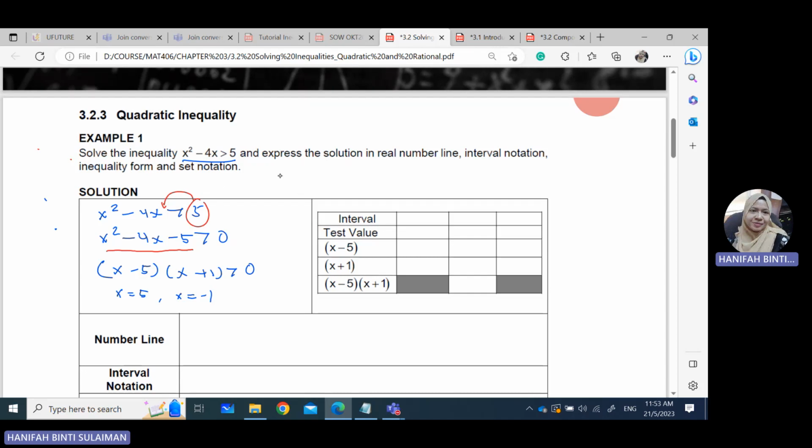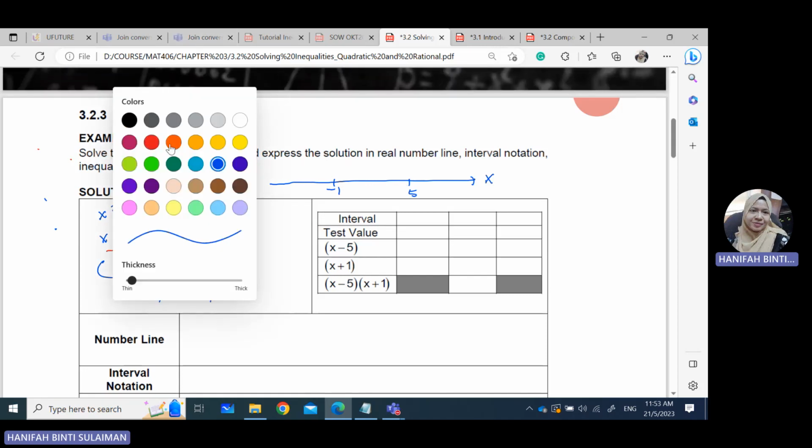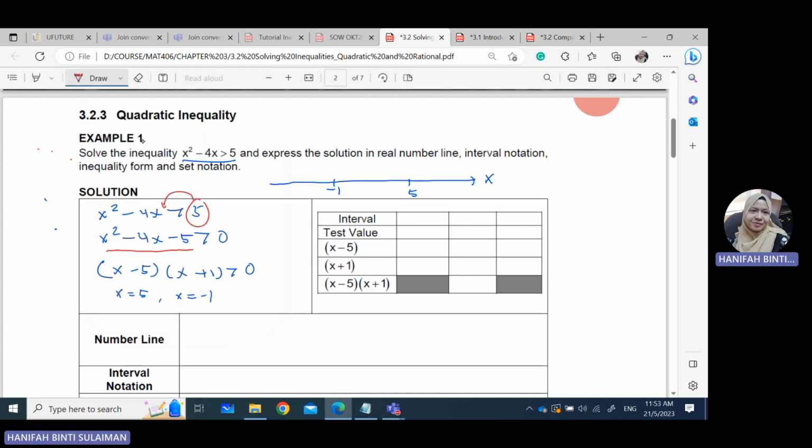So for that case, we can form it into a number line. The values of x, kita ada negative 1 and 5. Kat sini kita ada 3 interval. Yang pertama, area yang paling kiri ialah x less than negative 1.